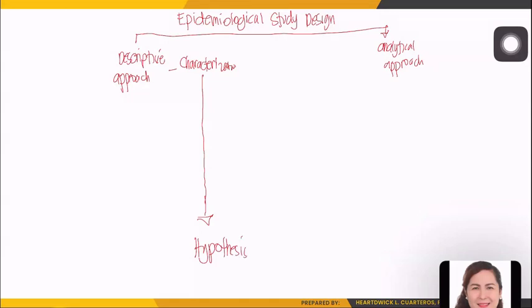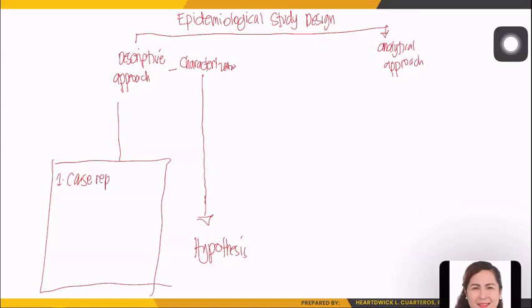Now, sir, what are the epidemiological study designs under your descriptive approach? We have 3. So we have here your number 1, case report or series. We have also the cross-sectional or prevalence study.